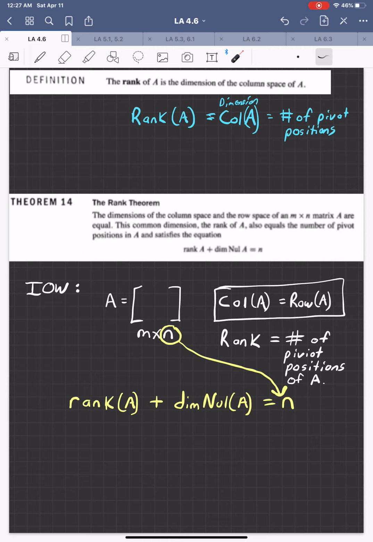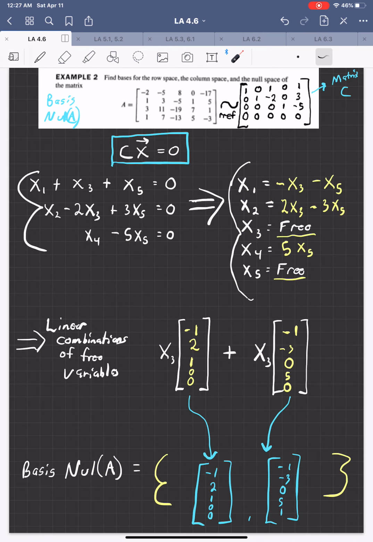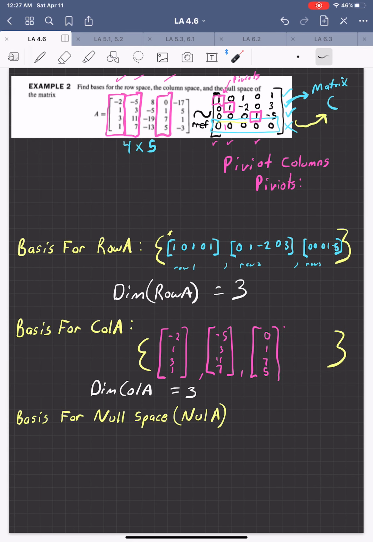Now, this common dimension, which is the rank of A, also equals the number of pivot positions in A. If you go back and look at example 2, there were exactly 3 pivots. Dimension of column space was 3, dimension of row space was 3, and there were 3 pivots.